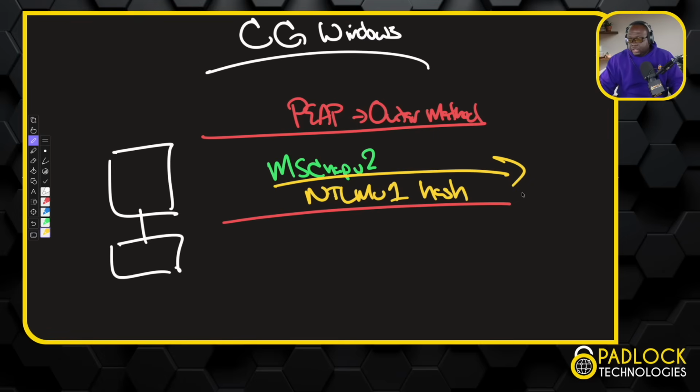Now, with the introduction of Credential Guard, what Credential Guard actually does is it puts like a little secret VM somewhere in the operating system that houses these credentials, and it basically locks PEAP and MSCHAPv2. It basically cancels this whole thing. So what it will do instead, it basically says, I will not allow the operating system to send an NTLMv1 hash, basically MSCHAPv2.